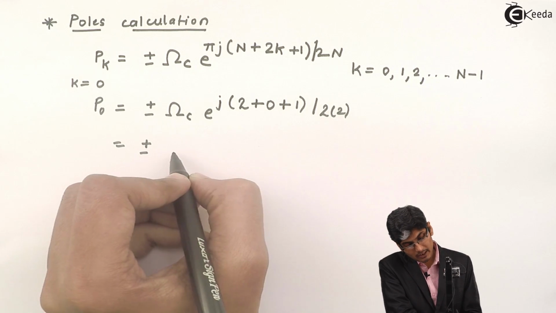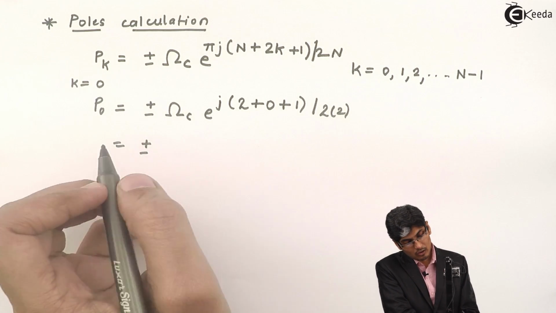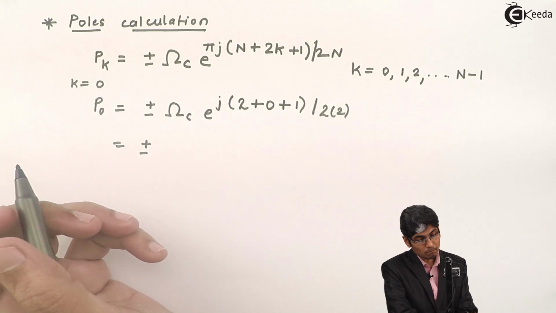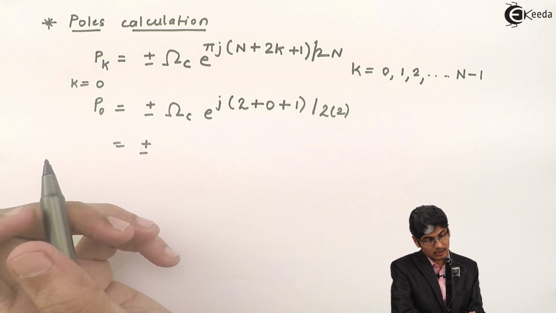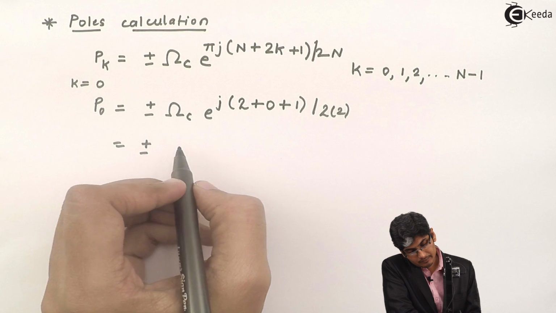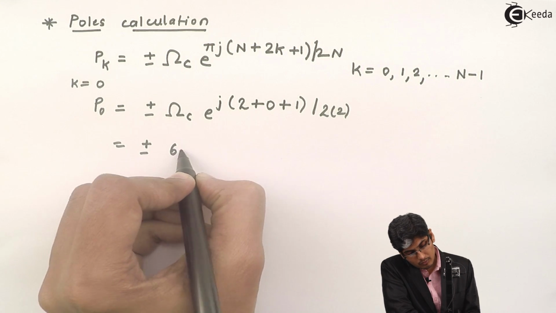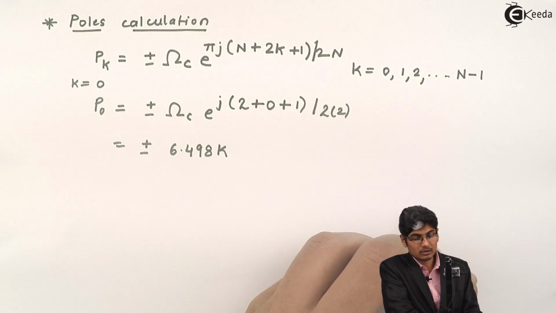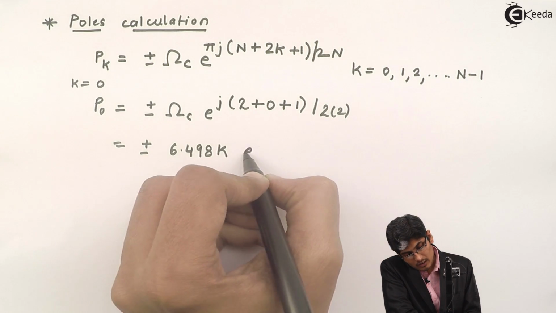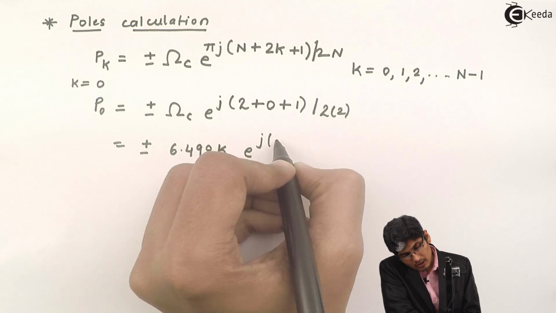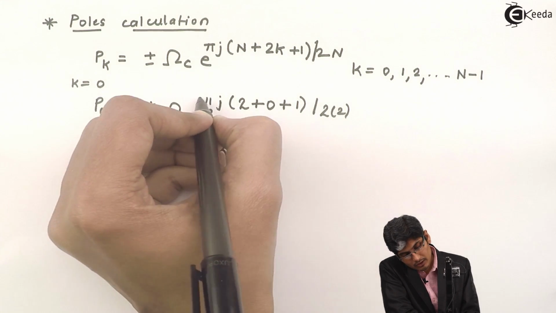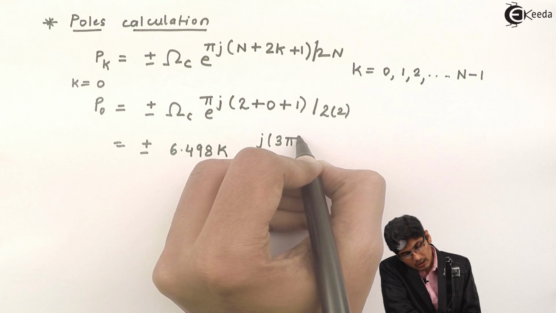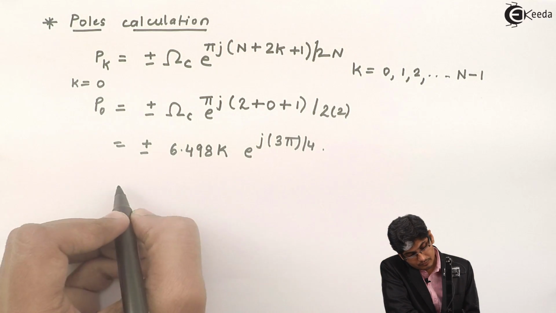So we will get plus and minus omega c, which in this case is 6.498 k, because it's kilo radians per second, and e raised to j into 3, oh I missed a pi over here, so there is a pi again, 3 pi by 4.